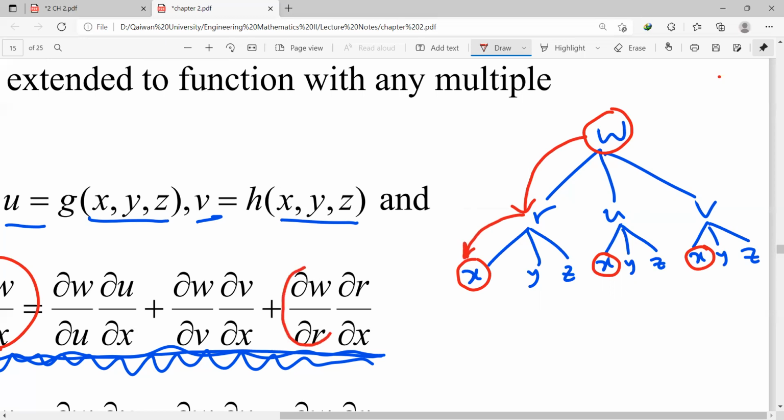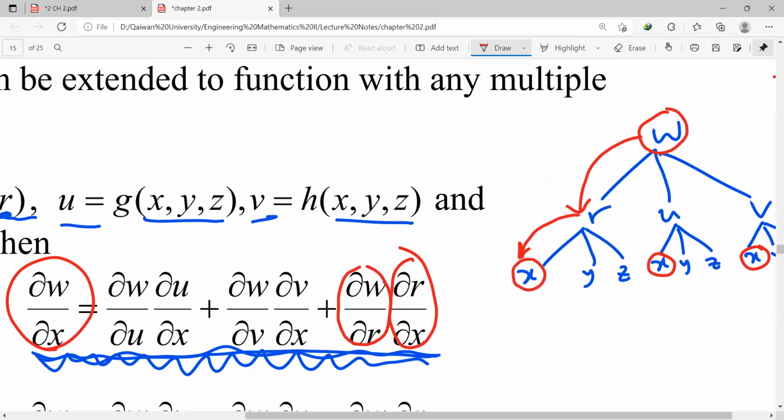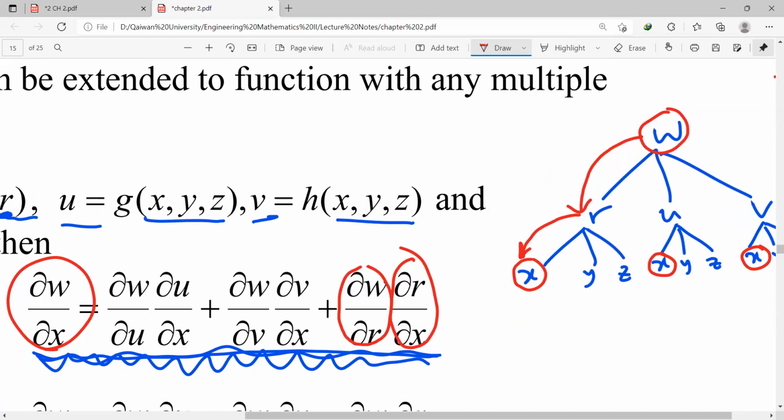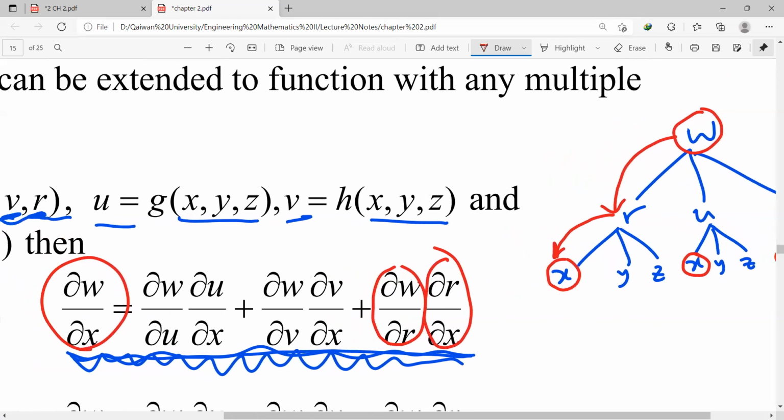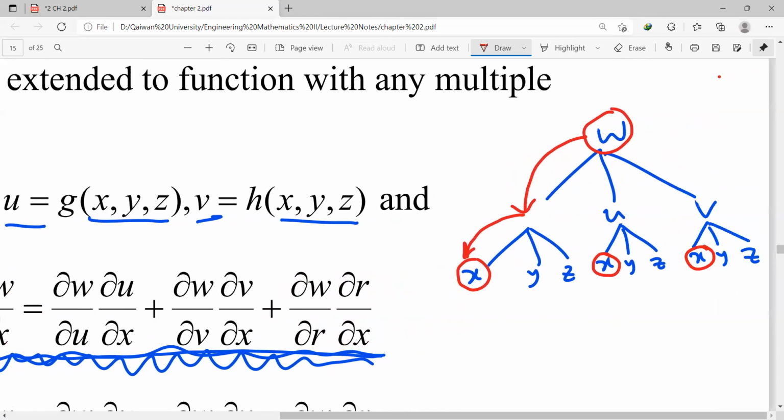Sorry, partial w by partial u. Even if it's not in the same order, it's okay, because you have this plus that. We can change the places. Let's write down in the same order, it's better so you don't get confused: u, v, and r.